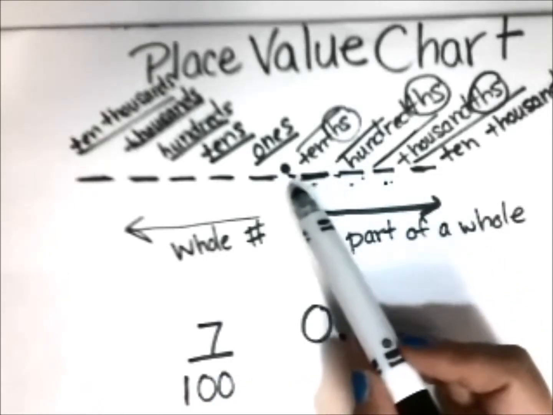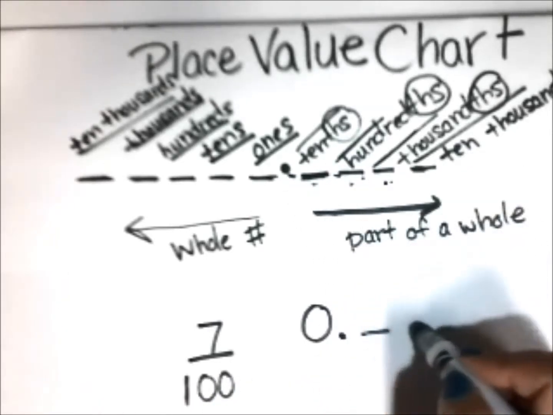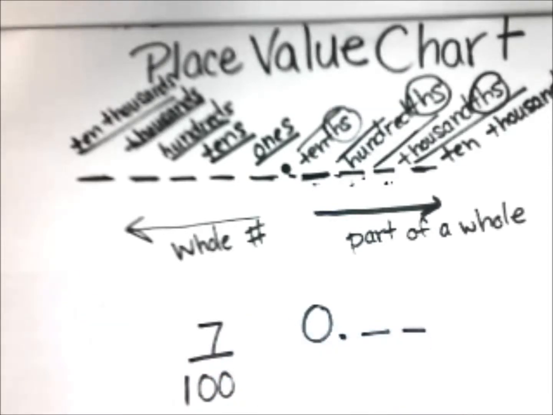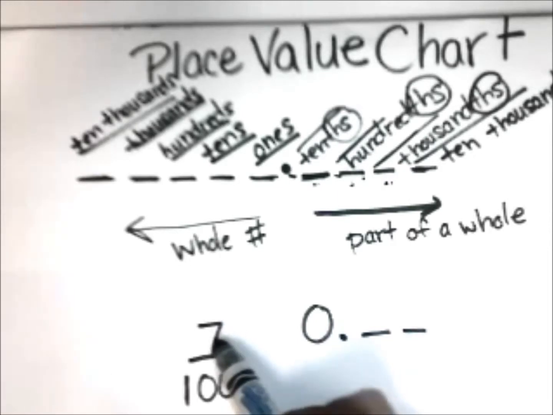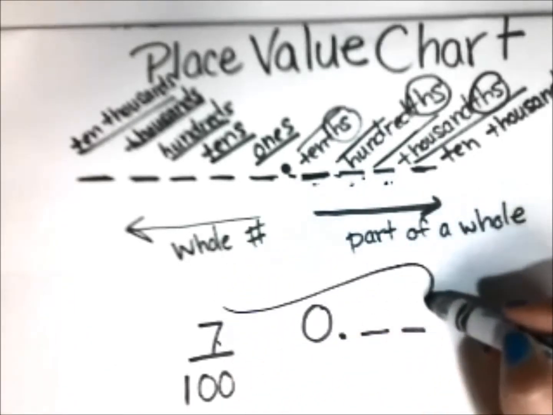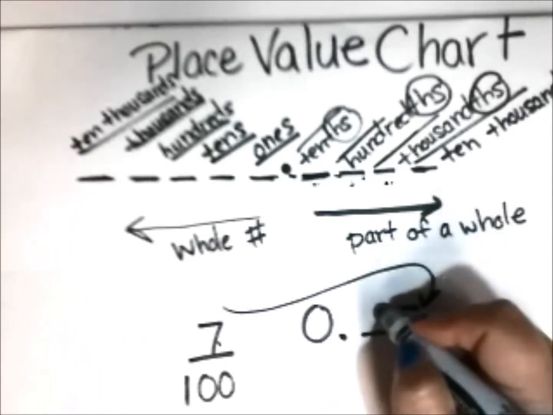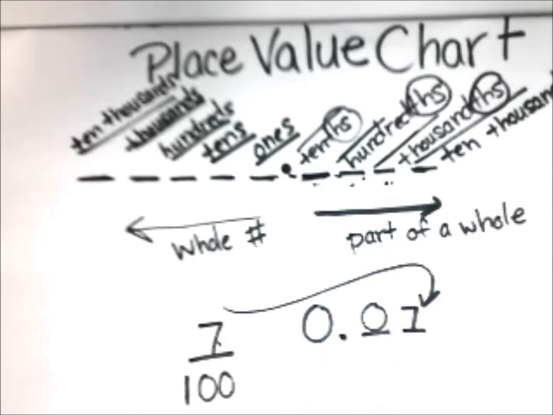I check my chart. I need 2 spaces behind the decimal point, but I only have 1 digit. Well, 7 hundredths means that the 7, we backfill. We fill the back first. The 7 goes here. And in math, when we have a blank space, we fill that in with a 0. So this still says 7 hundredths.